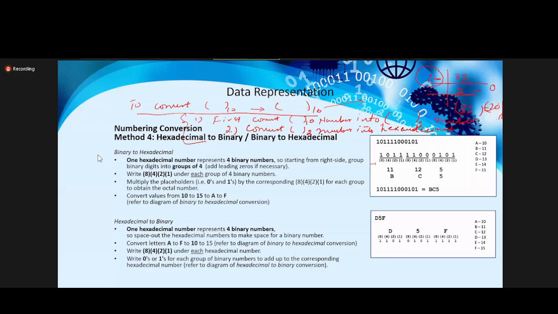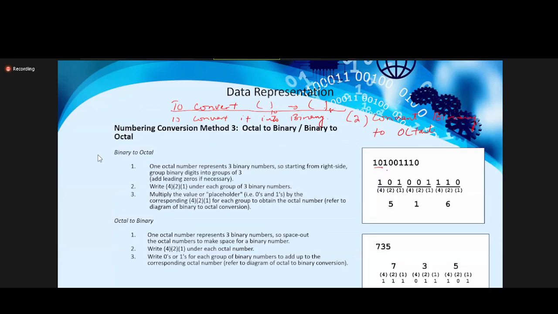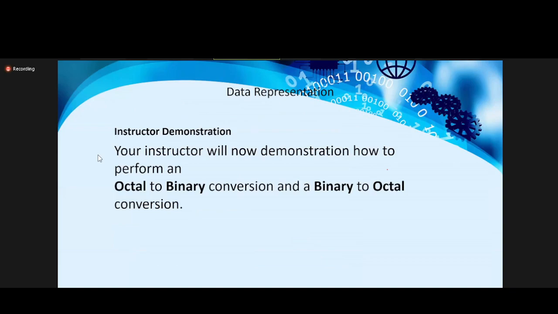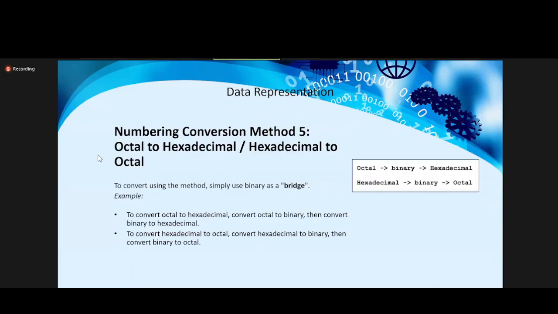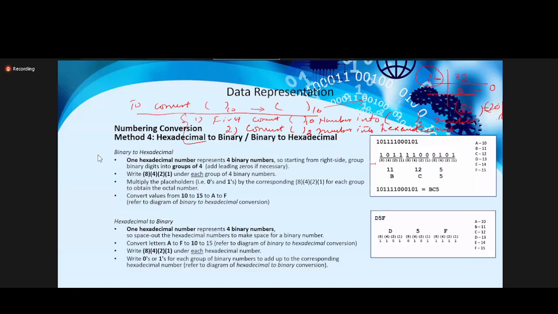Conversion from binary to hexa uses the same method as you adopted for octal. All you need to do is regroup them, which means reorganize them, or rewrite the binary number with some displacement.